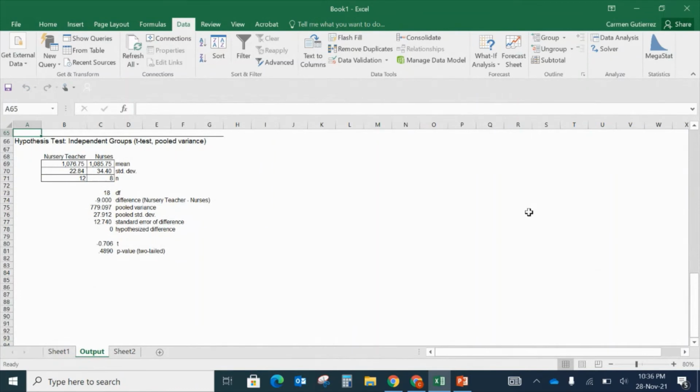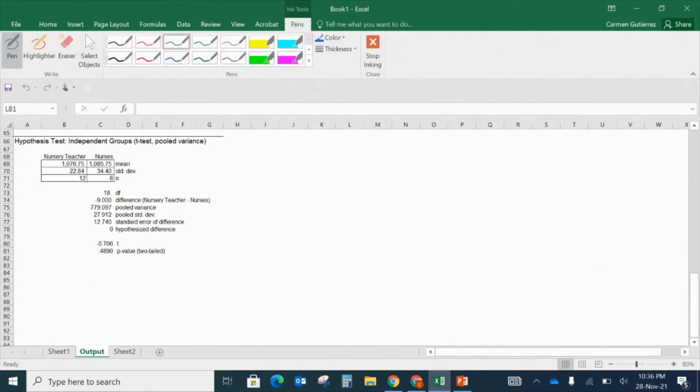Okay, so in this case, we get to see the t-value and the p-value. Okay, so this right here, this one right here, this is your step 5, which is also your test statistics.